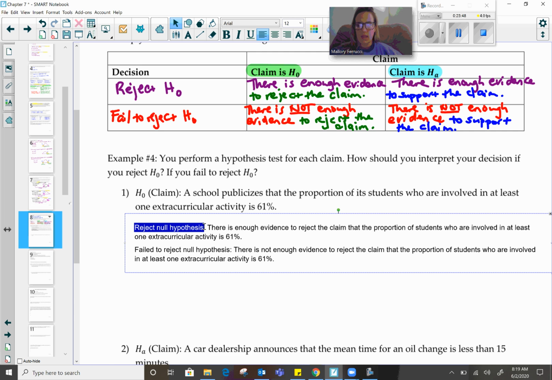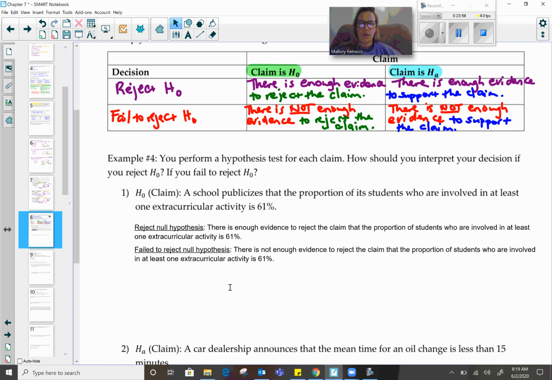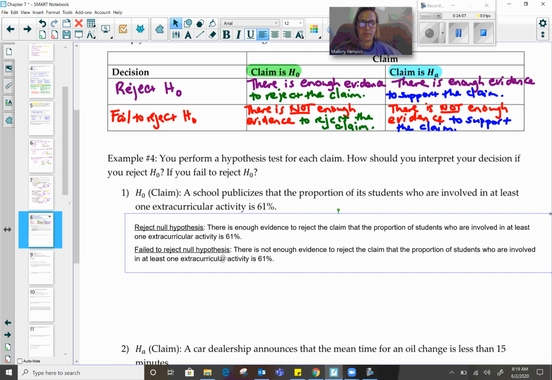I'm going to underline those so that you can really see them. If either of those were the final decision, then that would be the outcome.